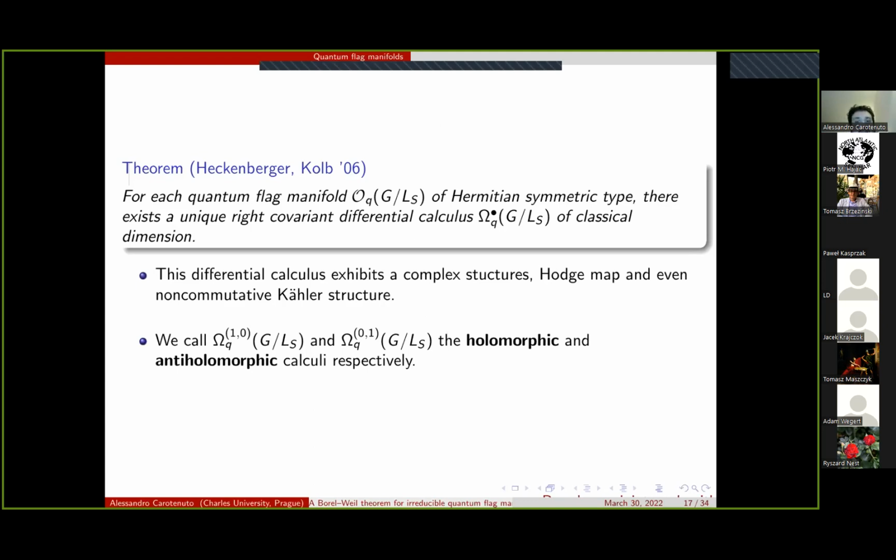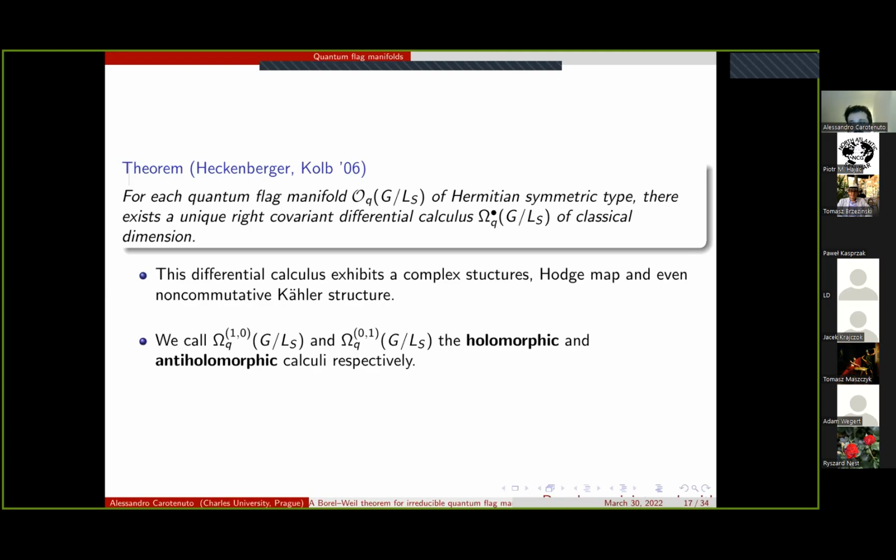It exhibits a complex structure. You can build a Hodge map. You can even give a non-commutative Kähler structure to it. And it has a complex structure, so we have what we legitimately call the holomorphic and anti-holomorphic parts of the calculus.